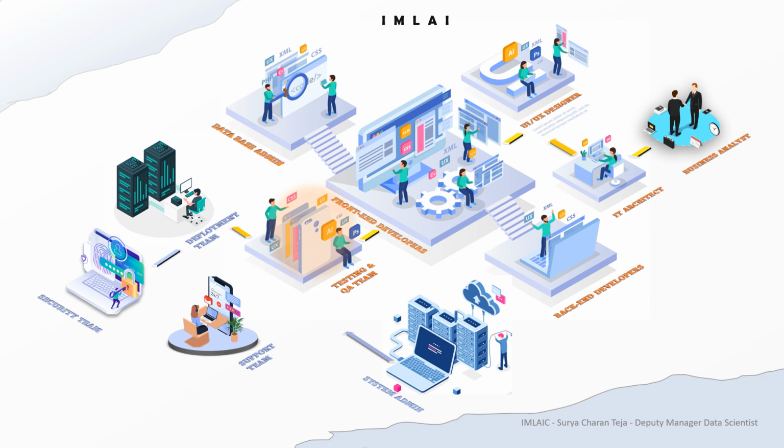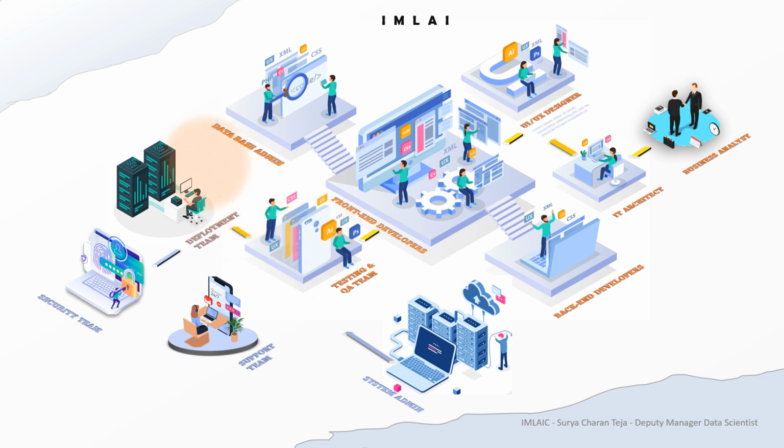The testing and quality assurance team makes sure that the expectations the customer has about the functionality and features of the application are met efficiently. That's their work, the testing and QA team.